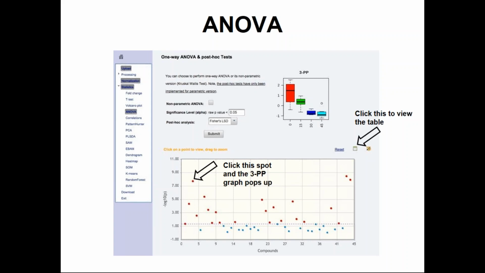So it's 10 to the minus 7 or something like that in terms of its difference between day 0 and the rest of the days, or between different pairs of combinations. This is what ANOVA is very good at doing: rather than just cases and controls, it's looking at 3, 4, 5, 10 different groups, whether cross-sectional or temporal.